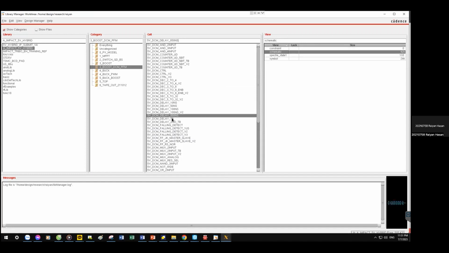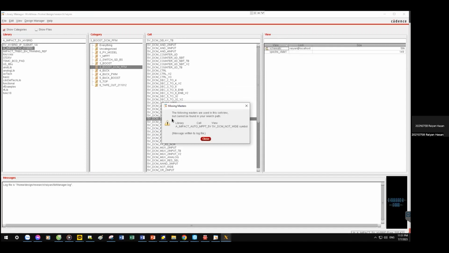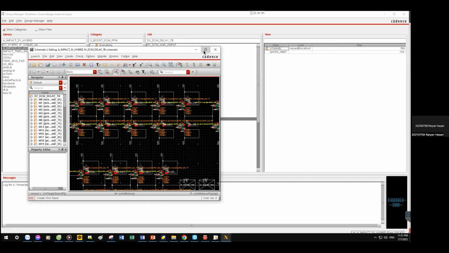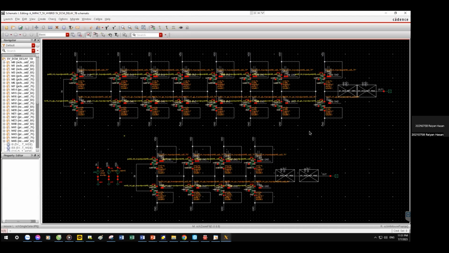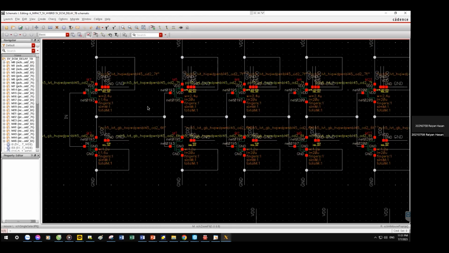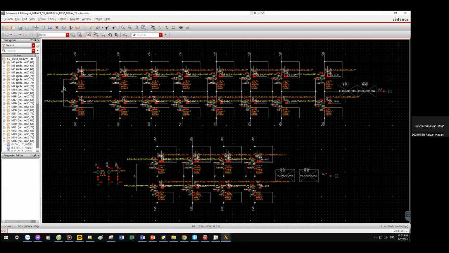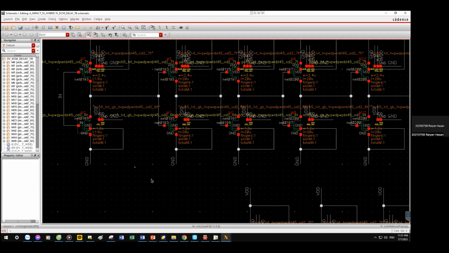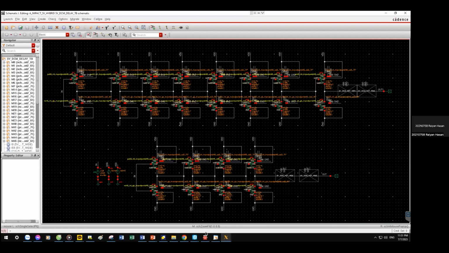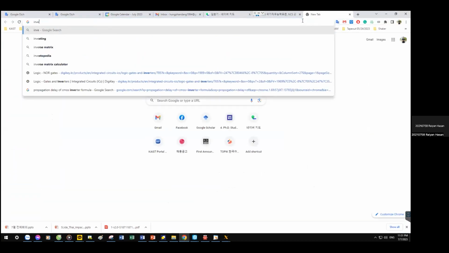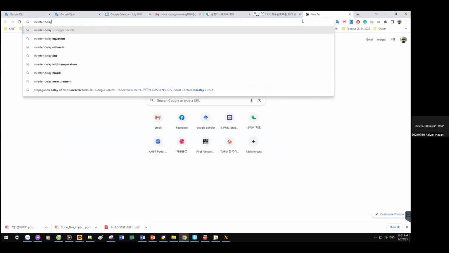Yeah, here I made a delay circuit test bench. You can make a delay circuit by using an inverter. Do you know inverter? Yes, inverter. PMOS and inverter. What is inverter? You can Google it. Inverter, delay circuit.